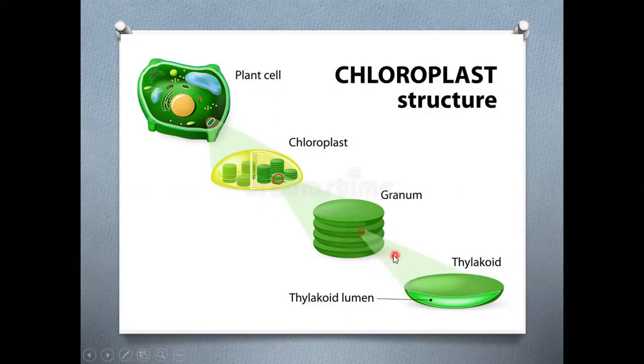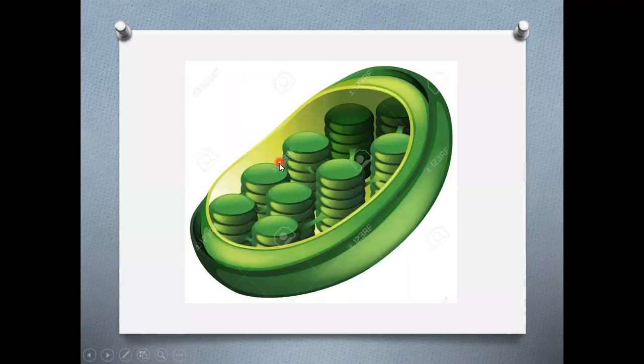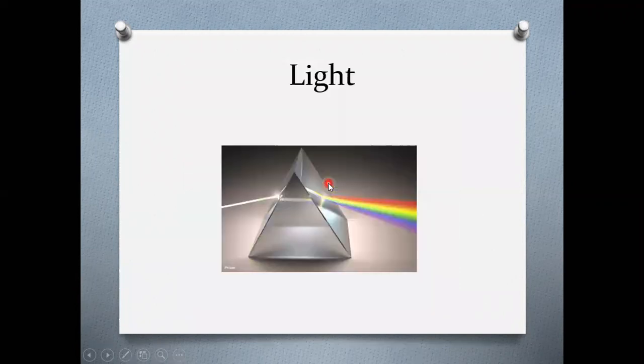See here, a single one is a thylakoid. When they are stacked, this whole stack is called granum. Inside the thylakoid lumen, chlorophyll is stored. This is the organelle called chloroplast, and you can guess now that these are the grana. Singular, this is granum, in which thylakoids are stacked up.